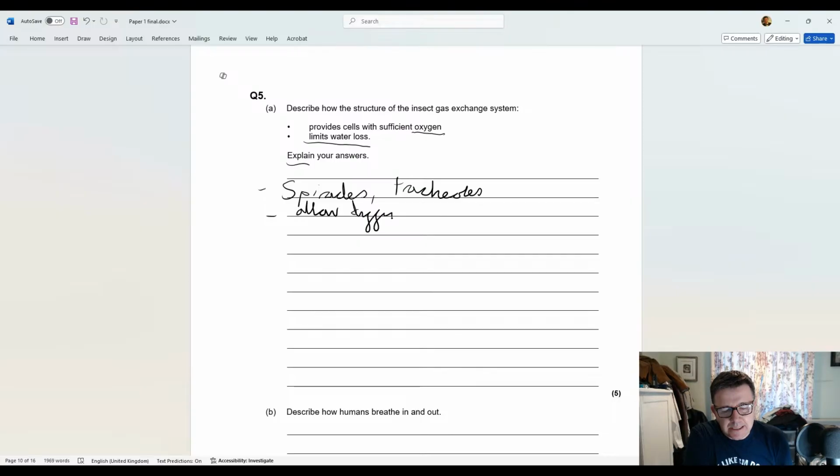So they allow diffusion of oxygen through the tracheoles. The thing about the tracheoles is that they have a large surface area. So they're highly branched. Why is that useful? Well, that means they have a large surface area for exchange, large SA for exchange.